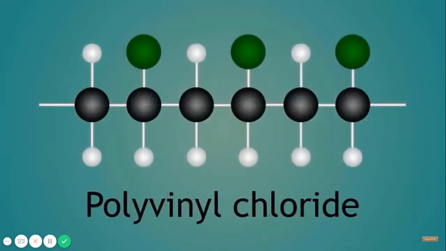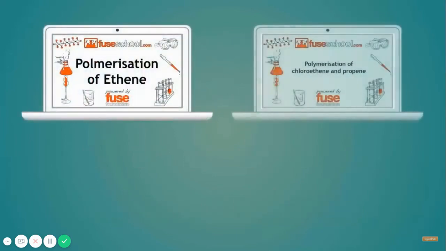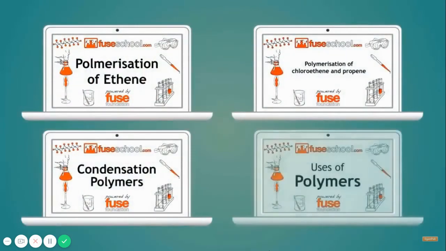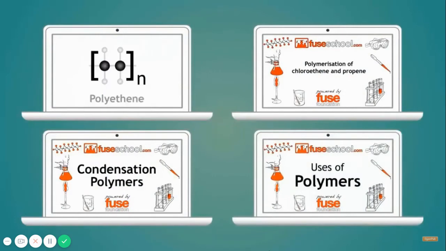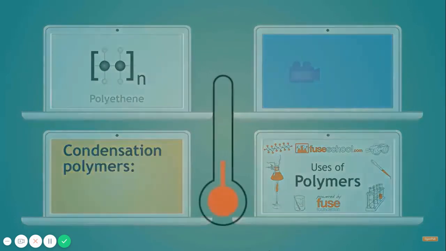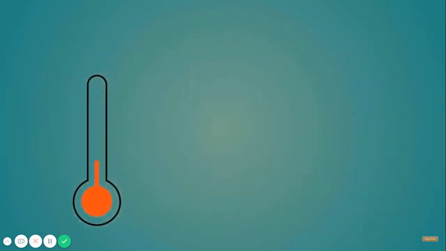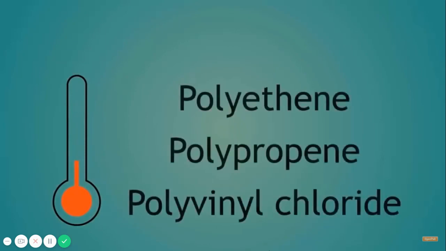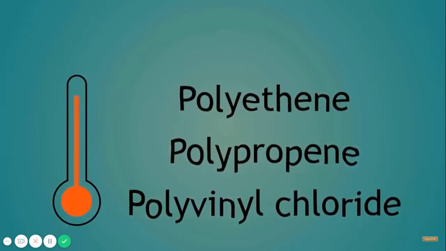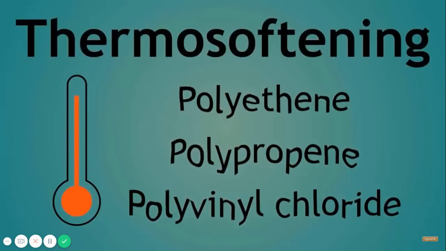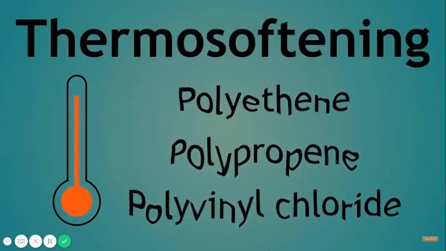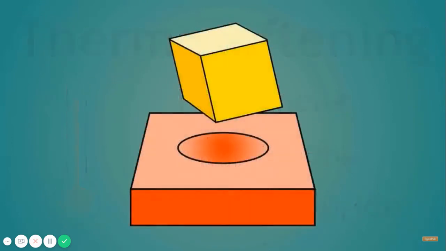You can learn about the structure of these polymers, how they are made, and their real-life applications from other videos on our channel. Here, we will focus on how these polymers respond to heat and why they respond the way they do. Polyethylene, polypropylene, and polyvinyl chloride are thermosoftening polymers. This means that they soften when heated.